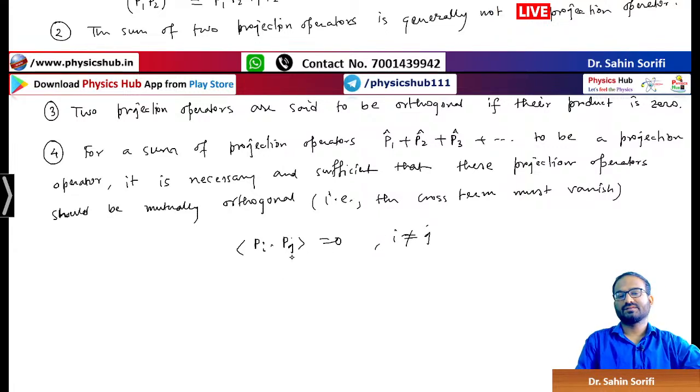This defines that they are mutually orthogonal. If you take, let's say, the product of P1 P2, it will give you 0. P2 P3 will give you 0. P3 P4 will give you 0. So if this criterion is satisfied, we call the sum a projection operator.